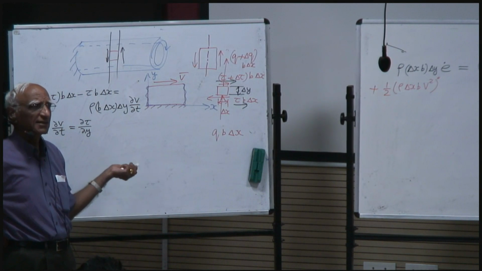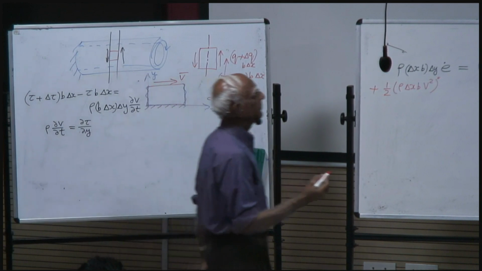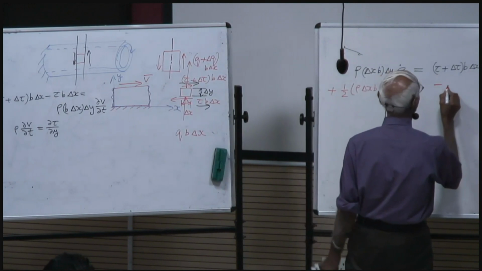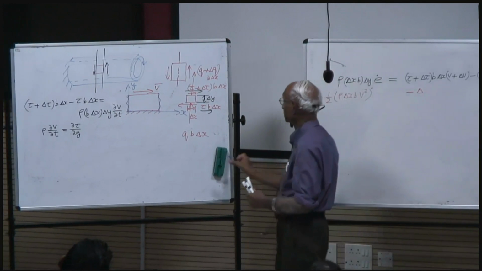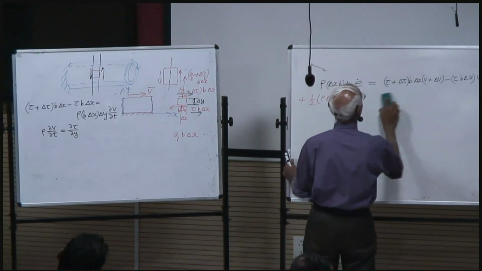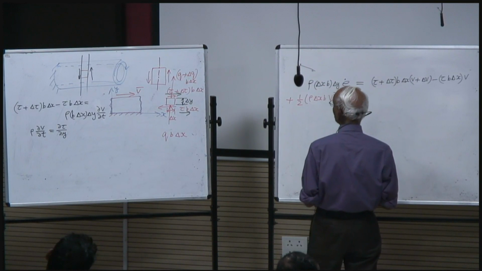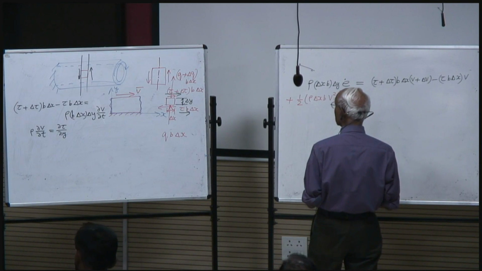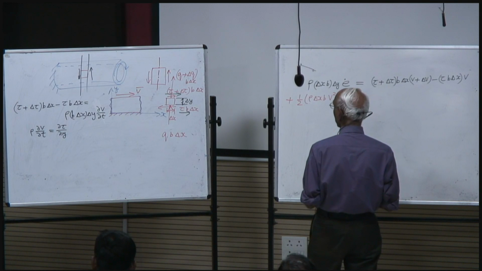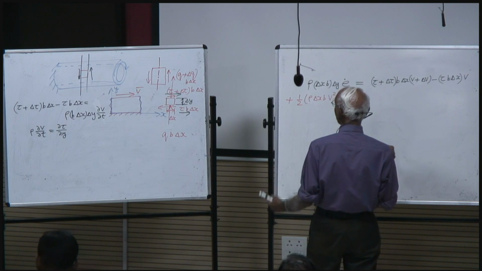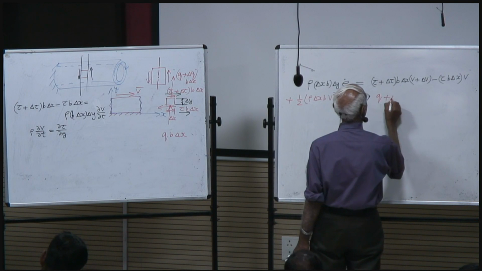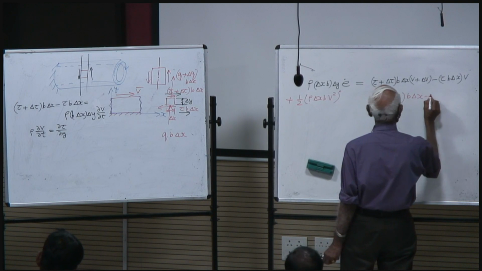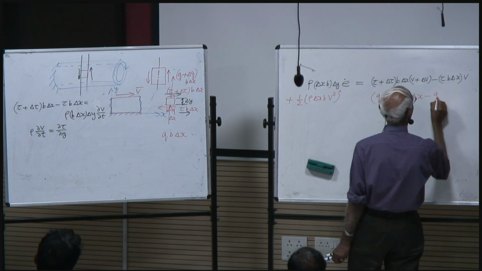We had something like this. My sign is not coming out right. Okay, so we had Q plus delta Q times b delta x minus Q b delta x.